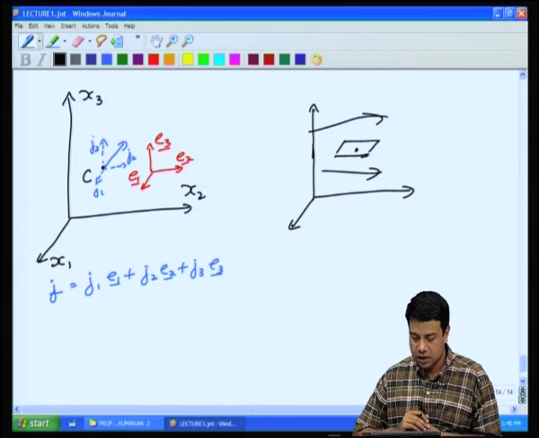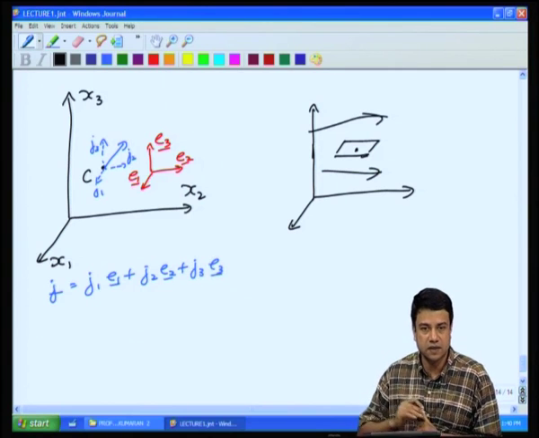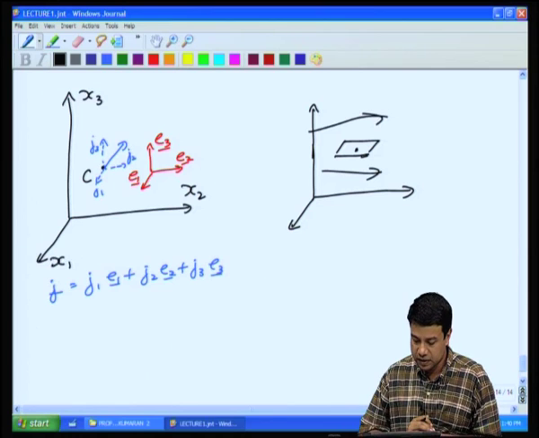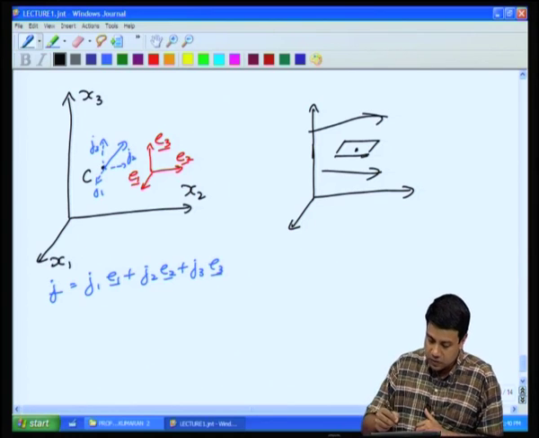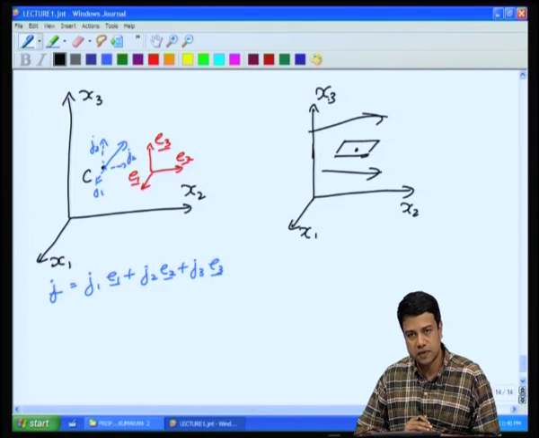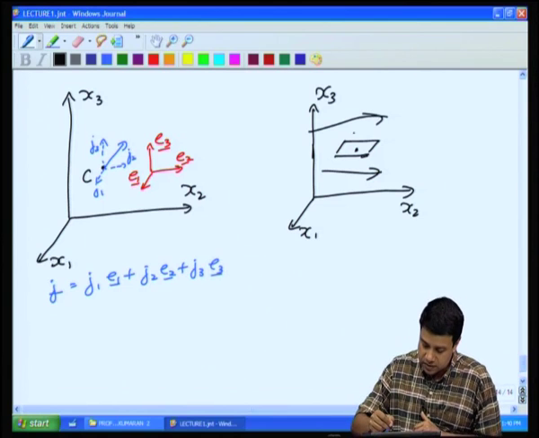However, the force itself is going to vary as I change the orientation of the surface. If I have the orientation in one particular direction, I will get one particular force. If I change the orientation to some other direction, I will get some other force.